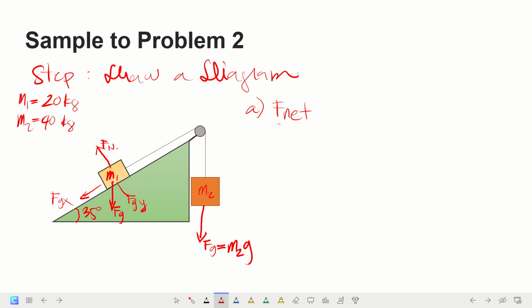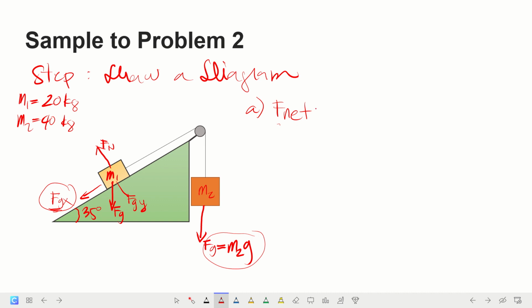So we will neglect the y component in this situation because it will be cancelled out by the normal force. So therefore, the external force that is acting on mass number 1 is the x component of the force due to gravity. So now that we have identified the two external forces that are acting on our system, yan yung two external forces, we can now solve for the net force.